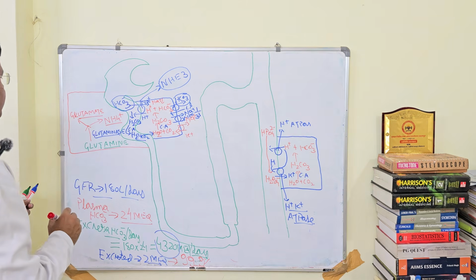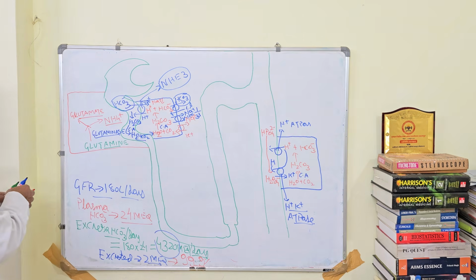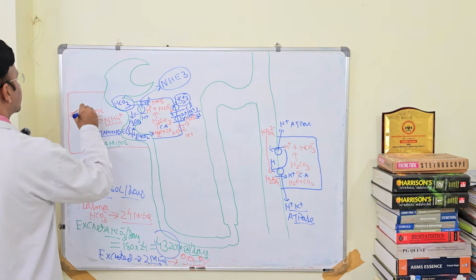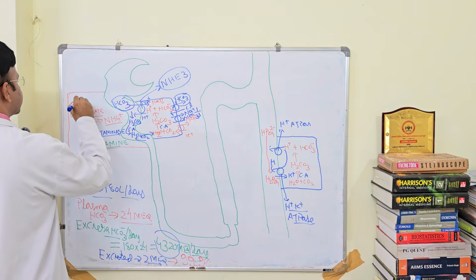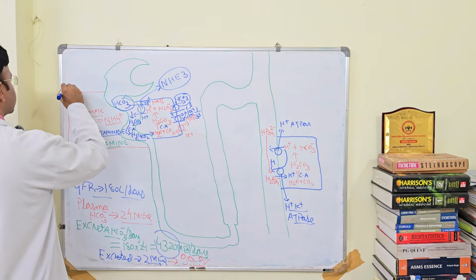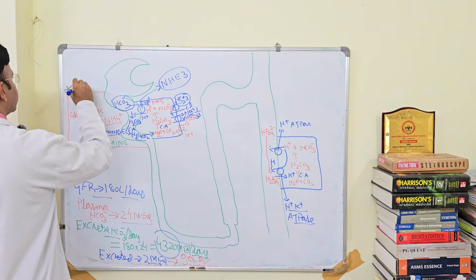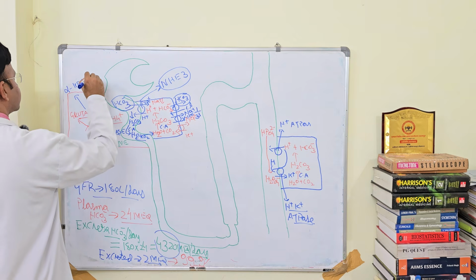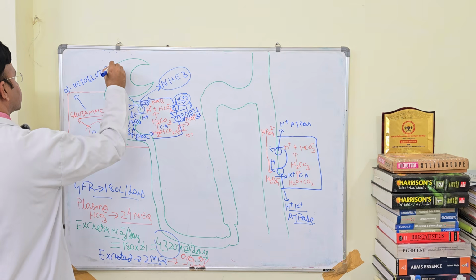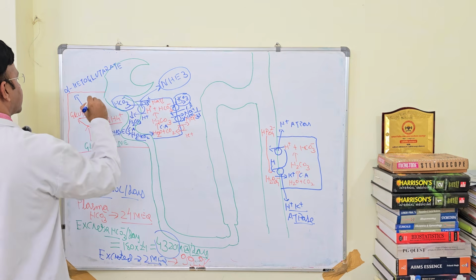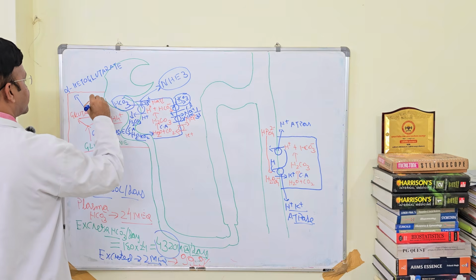This glutamate will further break down into alpha ketoglutarate and one more NH4 plus ion.